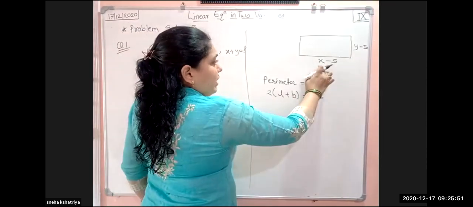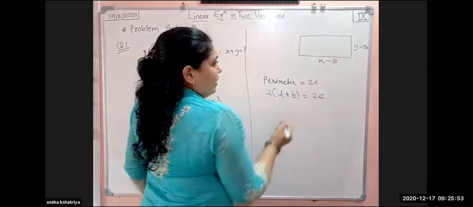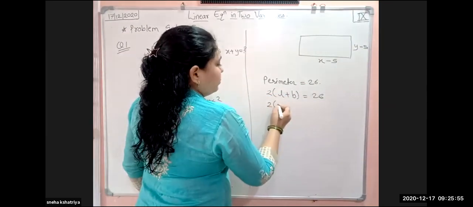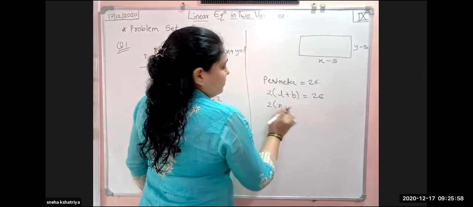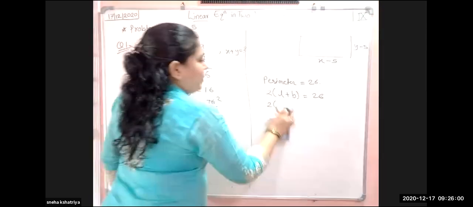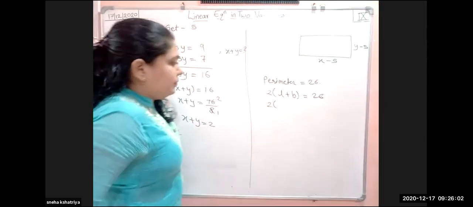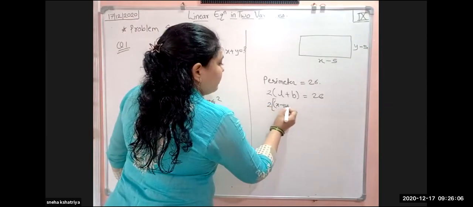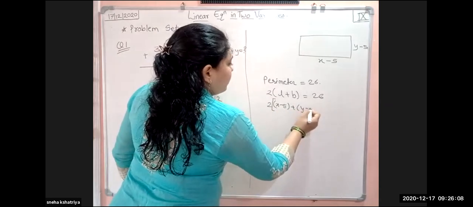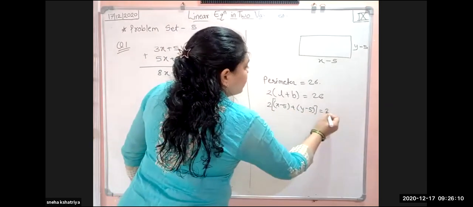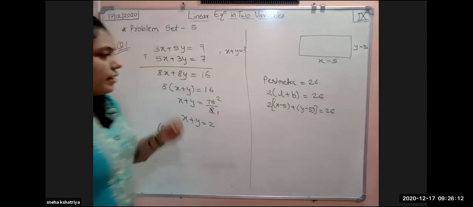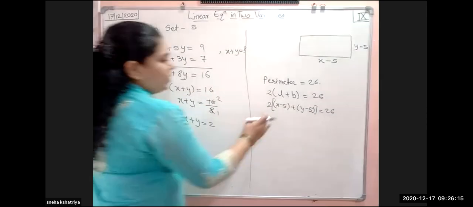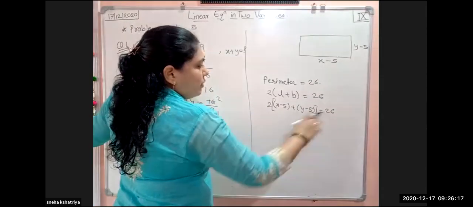So put the values. This is the length, x minus 5. This is the breadth, y minus 5. So 2 into, here 2 brackets will come, (x minus 5 plus y minus 5), which is equal to 26. Okay, so we will solve here. This 2 shifts to the right side and becomes divide.